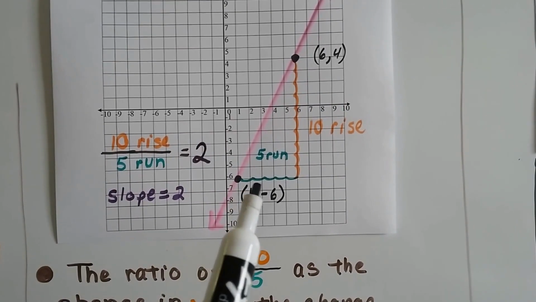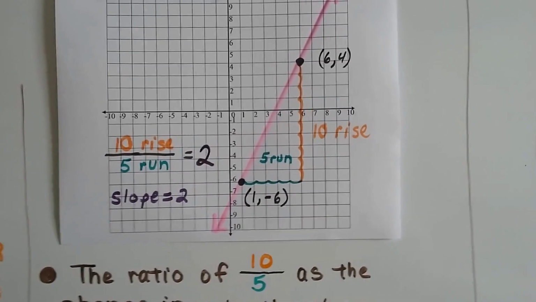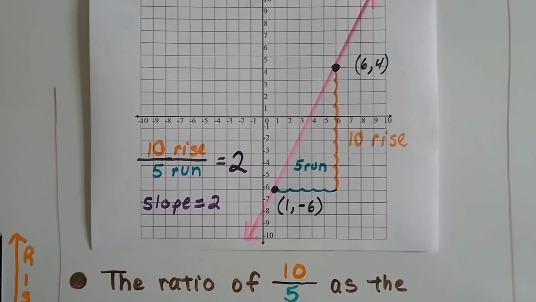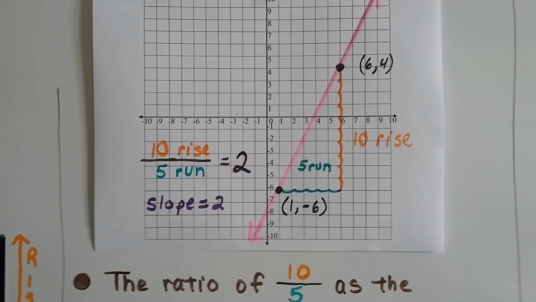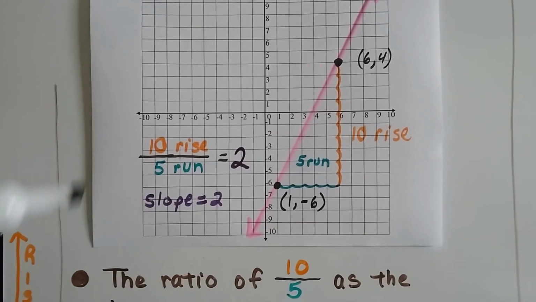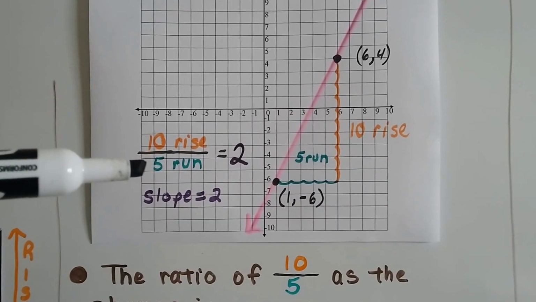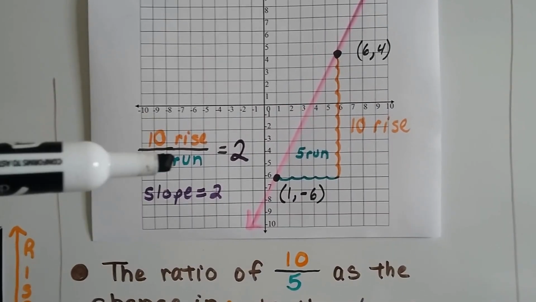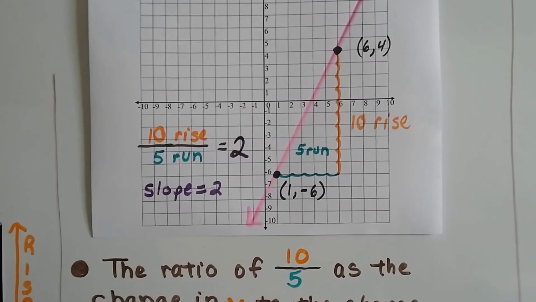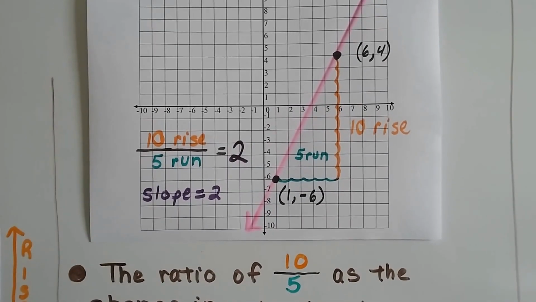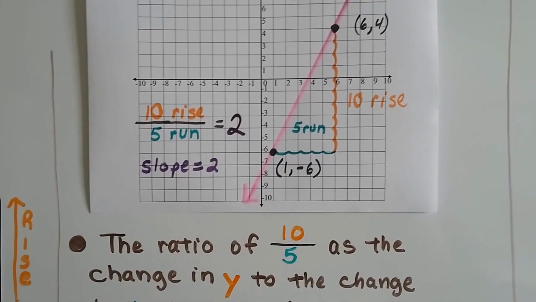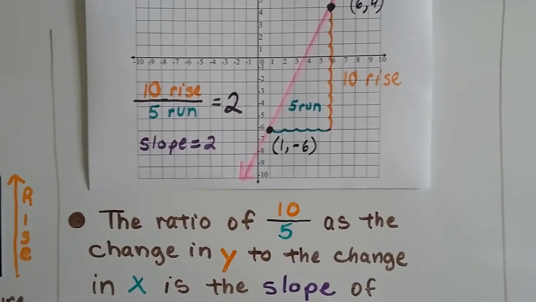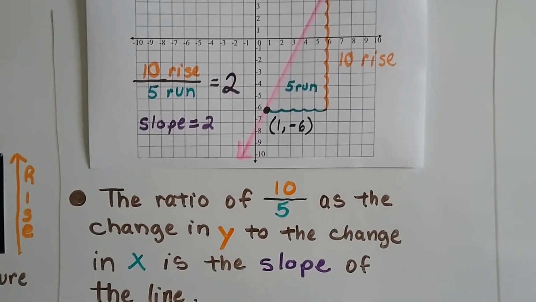We can go 1, 2, 3, 4, 5 to make that perfect 90-degree corner. So we've got a rise of 10 and a run of 5. And we divide them, 10 divided by 5. So the rise over the run is 2. The slope is 2. The ratio of 10 divided by 5, as the change in y to the change in x, is the slope of the line.